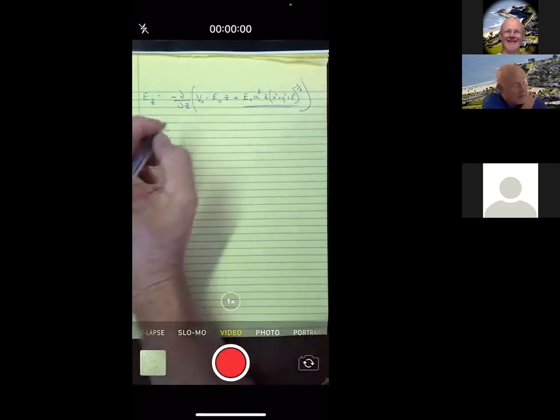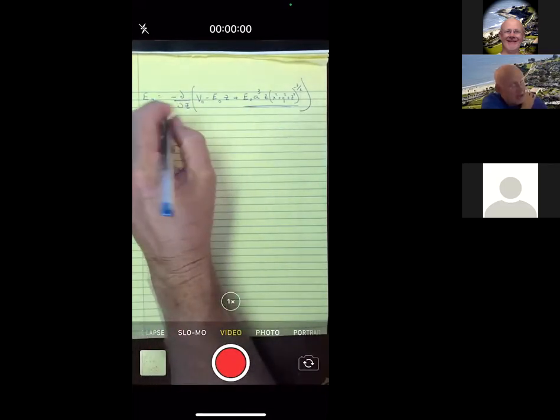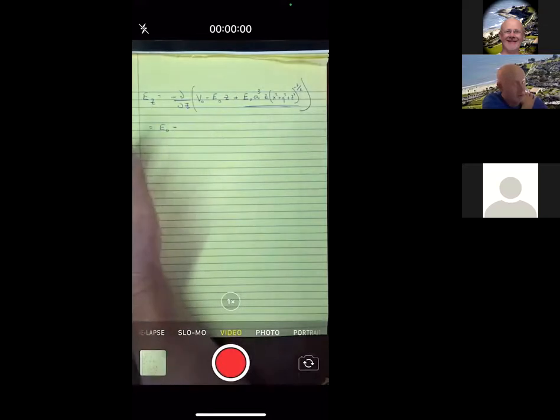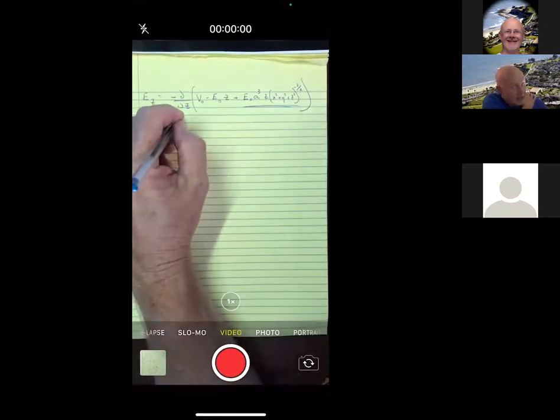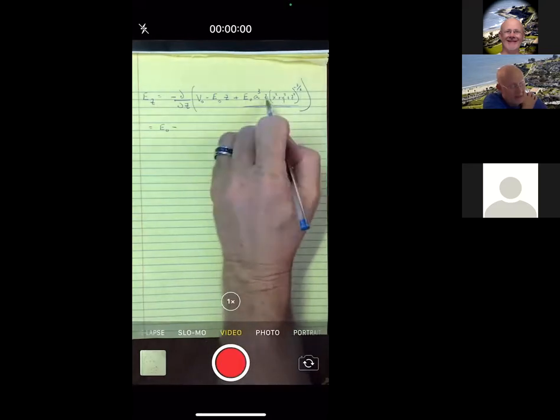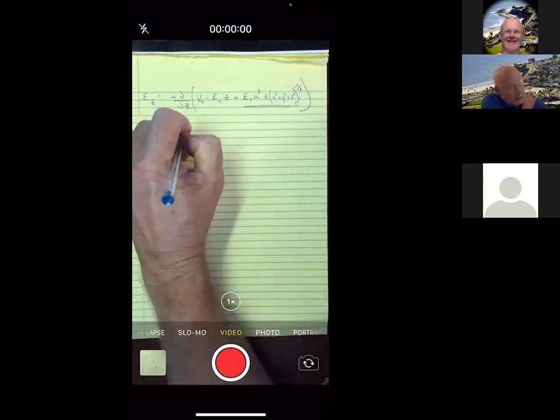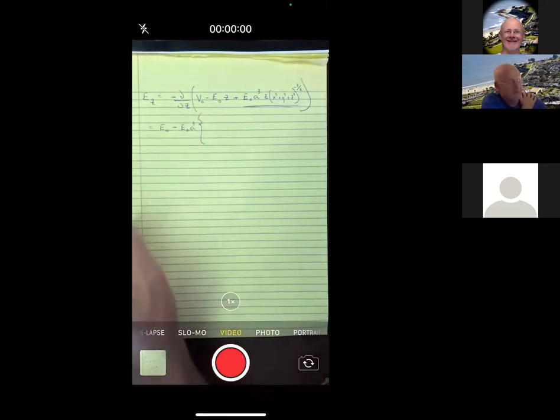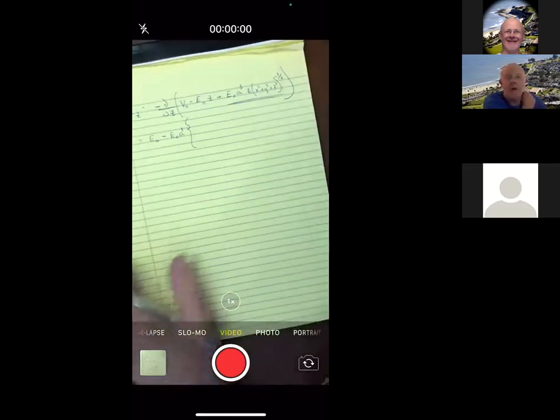I've got to take the derivative of this thing. And I'll start by just saying there'd be a minus sign that would go right there. And it looks like I need to do a product rule because I've got a z times this thing. So I've got two things multiplied together. I'll just put an E naught A cubed out in front and then do the product rule.